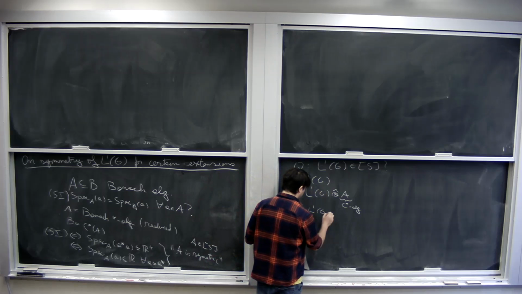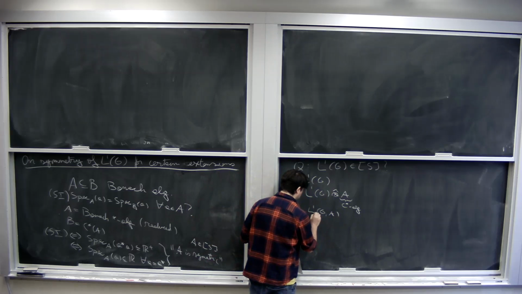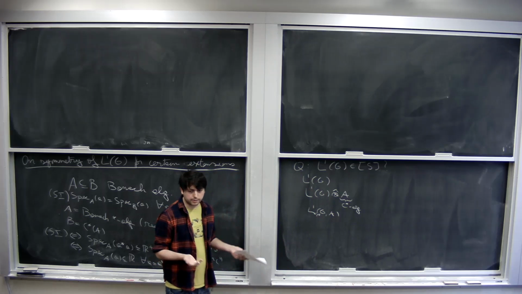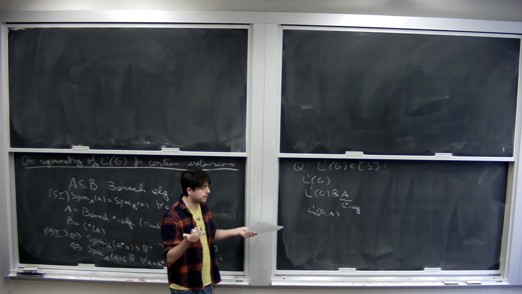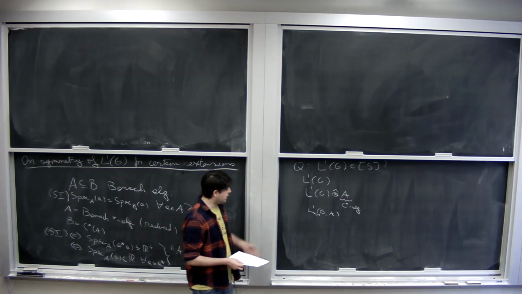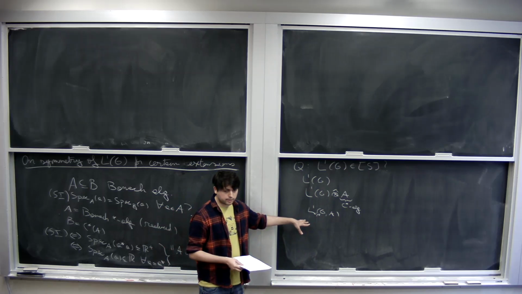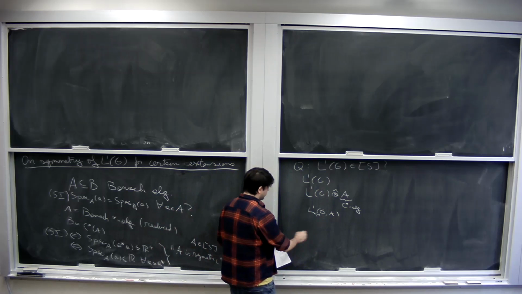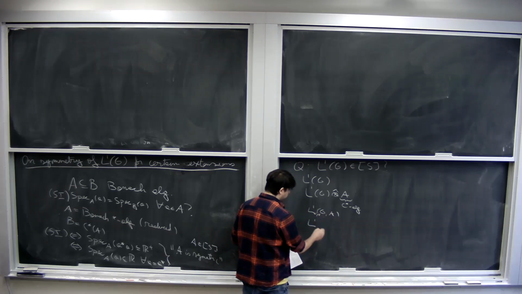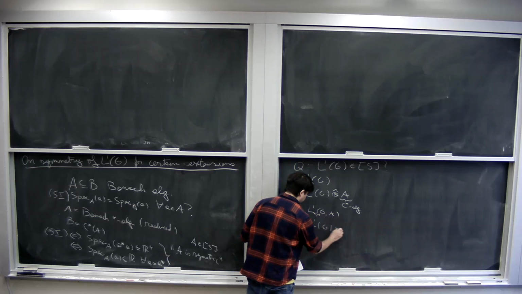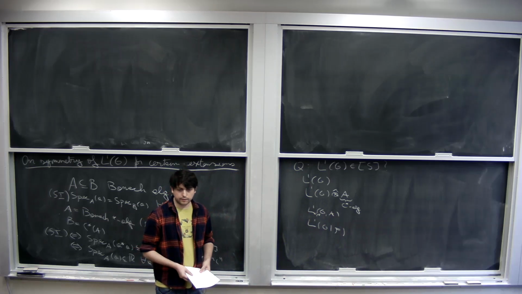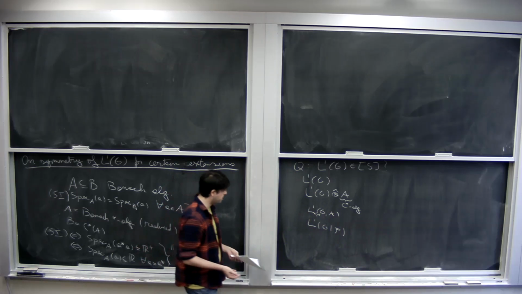So suppose that I have an action, a twisted action of a group on a C-star algebra, let's say. I get another Banach algebra, right? So I can ask the same question. And even further, I can just have a Fell bundle and form the algebra of integrable sections, right?